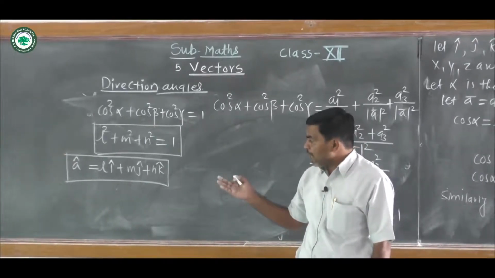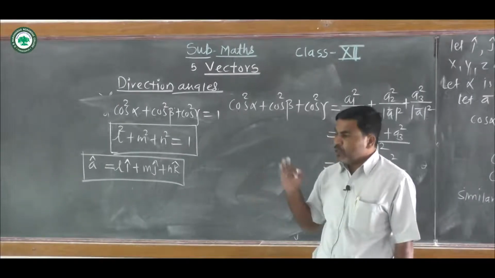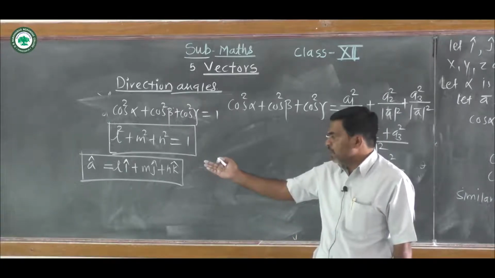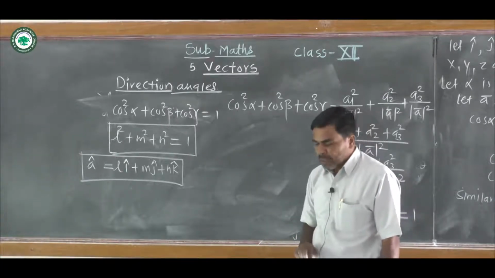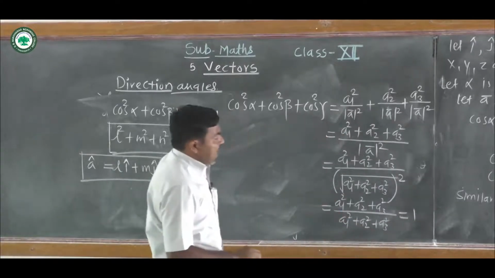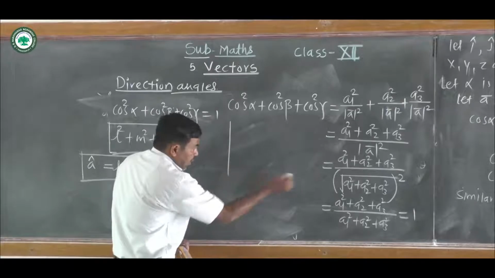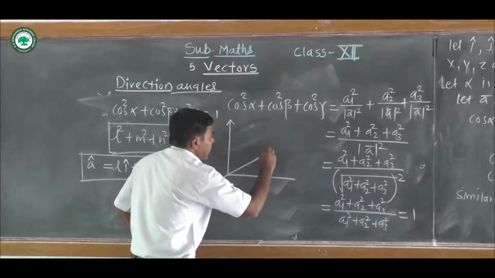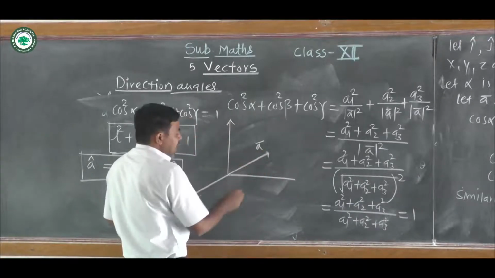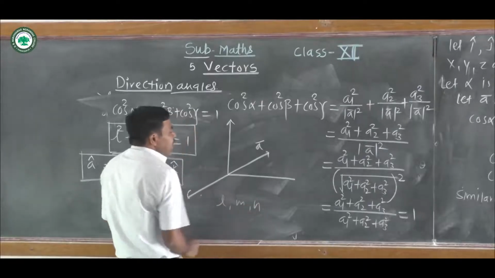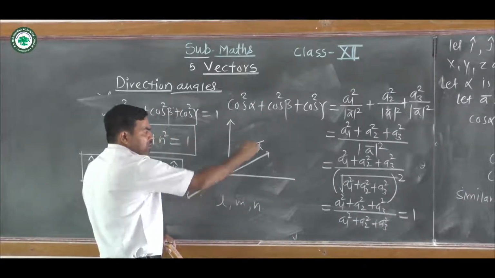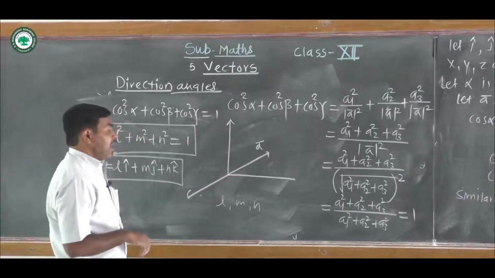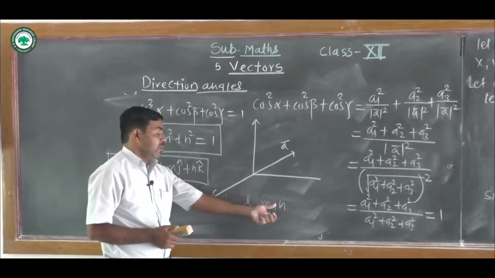If l, m, n are direction cosines of a vector a, then the unit vector along that vector is a cap, and it is l i plus m j plus n k. So if this is a bar, see figure like this. See, this is your vector a bar, and it has direction cosines l, m, n. Then the line along this vector a has direction cosines l, m, n.